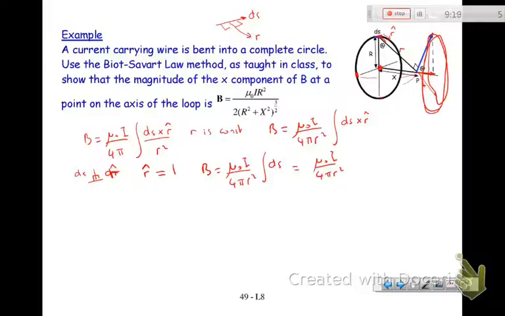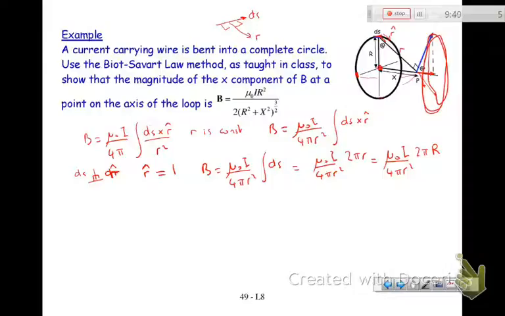Yes, because it's a complete circle. So it's still 2 pi r. Well, this is getting a bit boring, actually. Mu naught I over 4 pi r squared times 2 pi r.